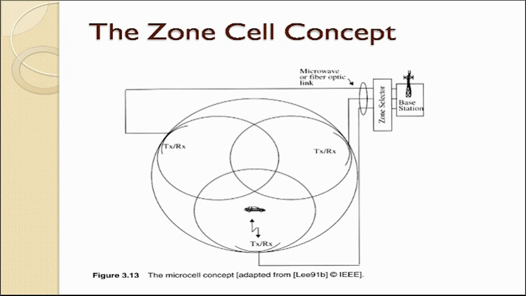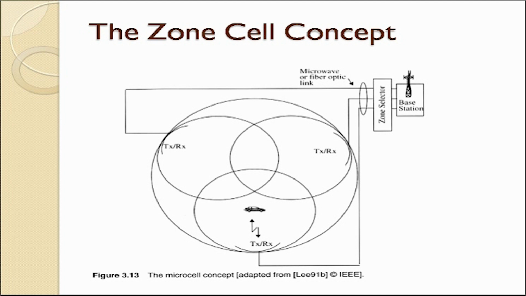Microcell zone concept. All three zone sites act as receivers for the signal transmitted by a mobile terminal. The base station determines which of the zone sites has the best reception from the mobile and uses that zone site to transmit the signal on the downlink. The zones are connected by coaxial cable, fiber optic cable or microwave link.